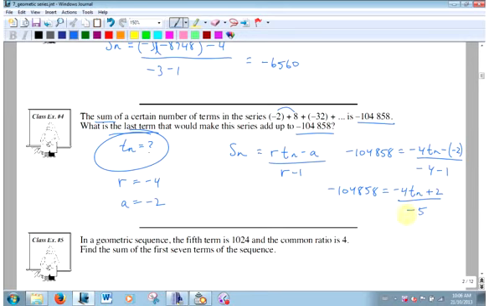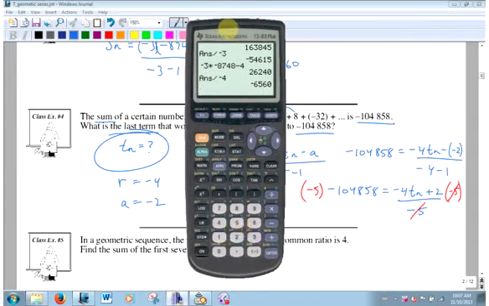Good idea. Let's get rid of this. How do I get rid of negative 5? By multiplying it to both sides. Because negative 5 divided by negative 5, it's gone. Okay? So I know this, a negative times a negative is a positive.